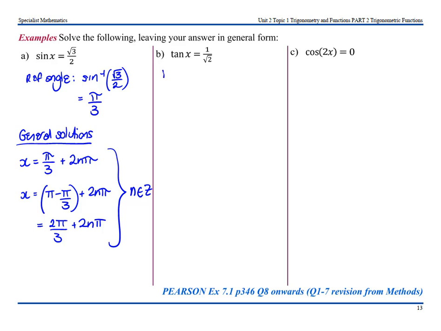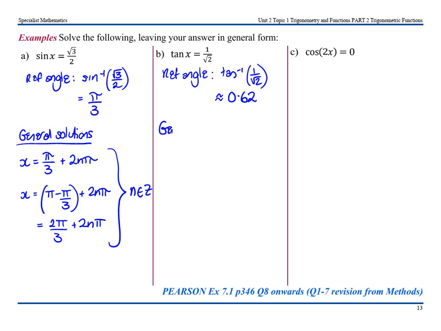For tan, my reference angle is inverse tan of 1 on root 2. That is not an exact value, so make sure your calculator is in radians. And you're going to go inverse tan of 1 divided by a square root of 2, which is approximately 0.62.